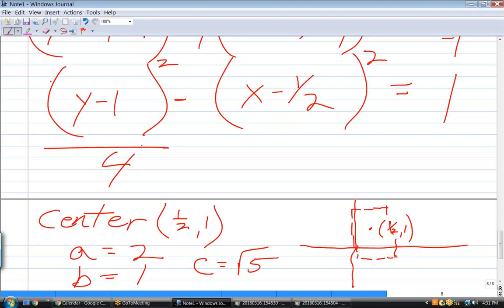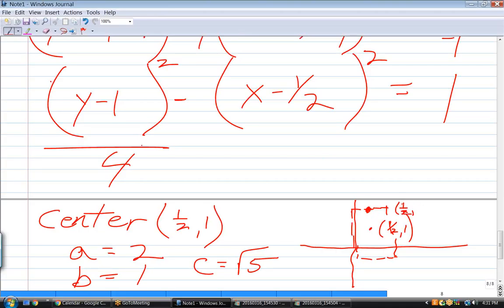Okay? What are the coordinates of that point right there, the top of the box? 5 halves, comma 1. Good. Well, notice the x-coordinate has to be the same. I'm going up. Oh, okay. So even though a is going to be 1 plus a, so this is the 5 halves.